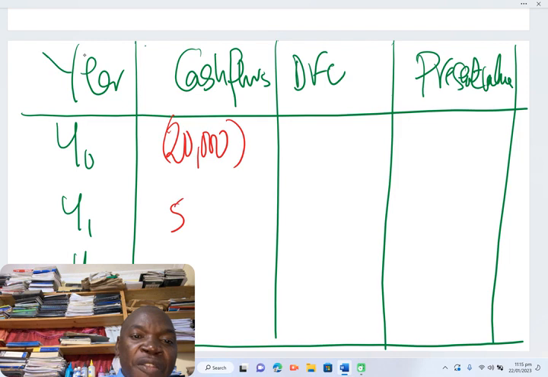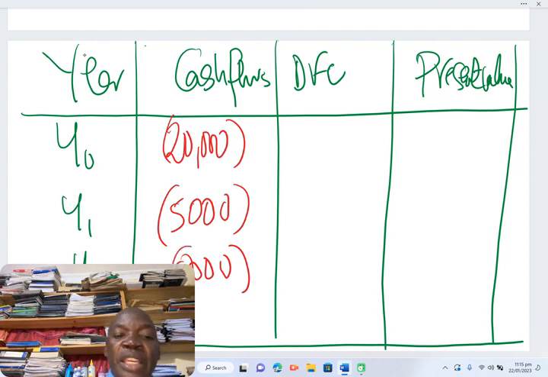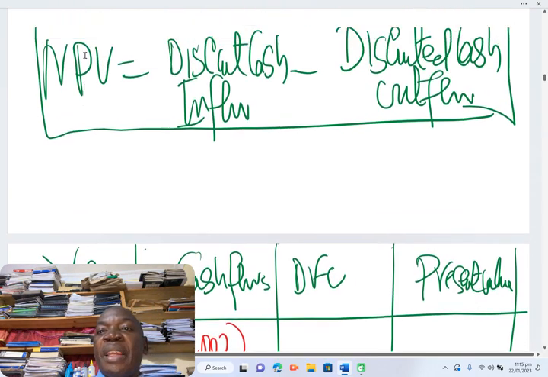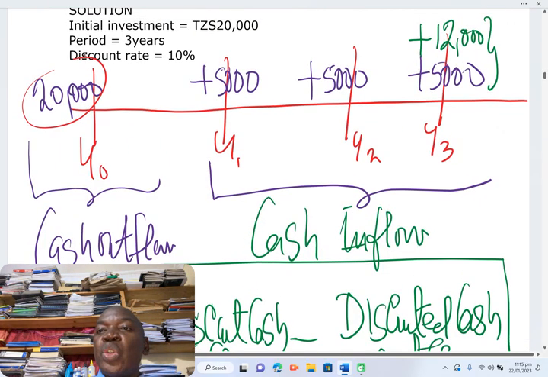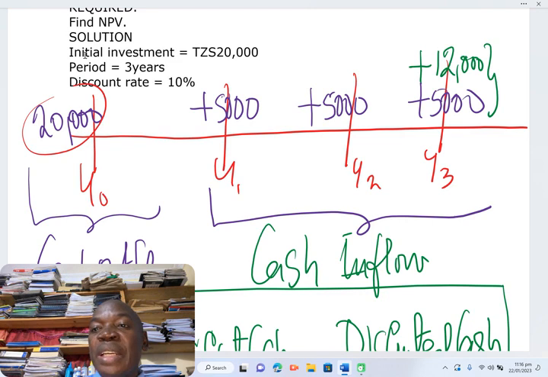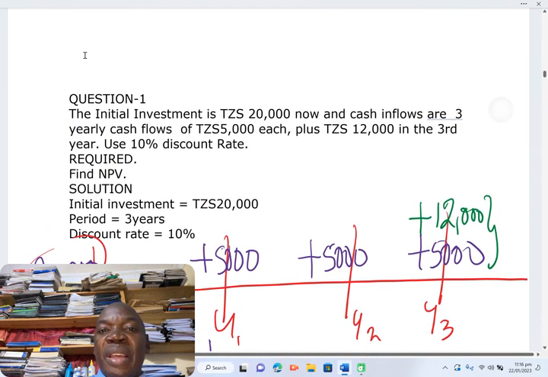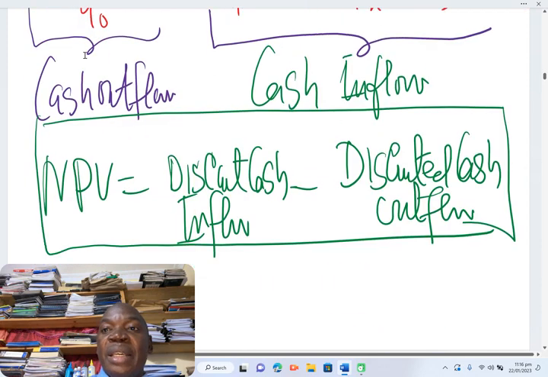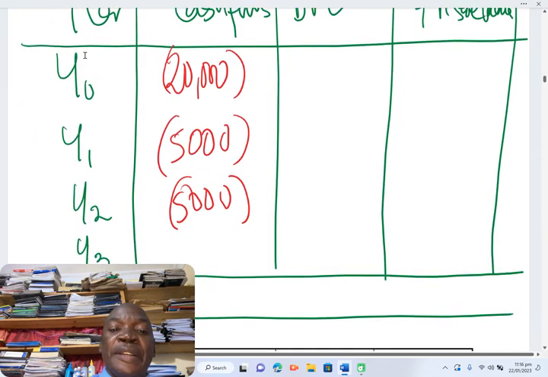So we have 5, and we have 5, and in year 3 there are two cash flows, which are 5,000 plus 12,000. So 5,000 plus 12 in year 3 amounts to 17.